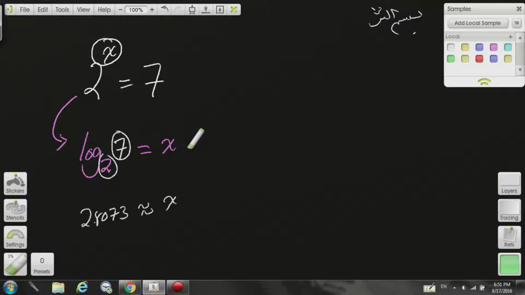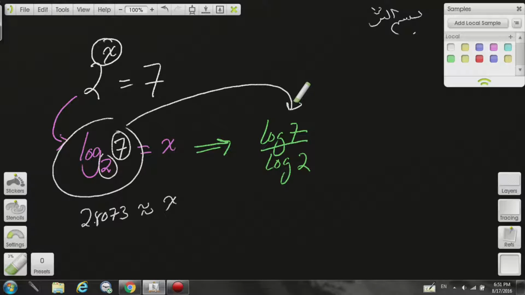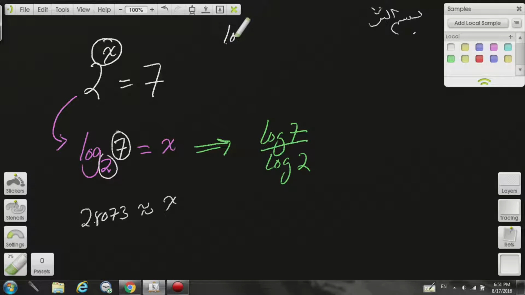Now, let's say you could not do that in your calculator, you could convert this like this. This is log of 7 over log of 2, because we know log base b of a is log of a over log of b.